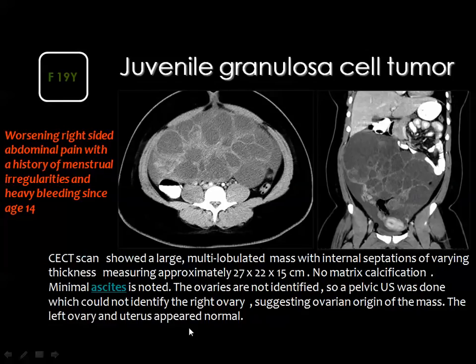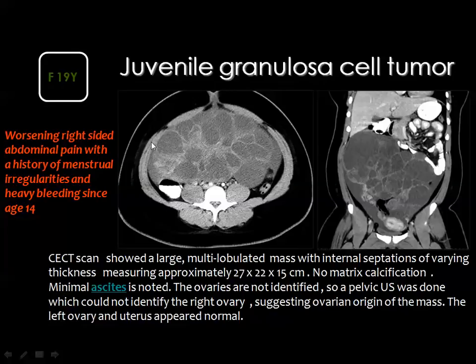As I have said, in order to diagnose the granulosa cell tumors or the dysgerminomas easily, you look for the age of the patient and the size of the tumor. These lesions are usually very big and they occur at a relatively younger age.